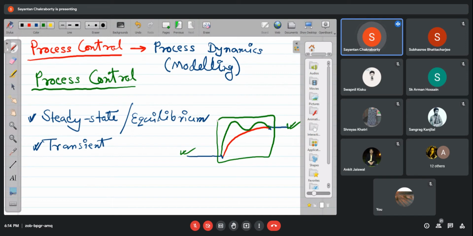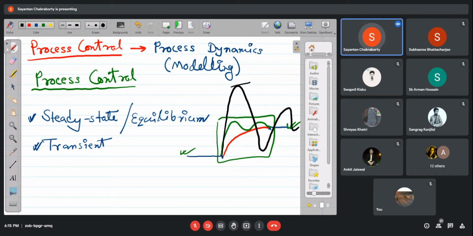Now, I have already mentioned that transients may occur during startup and shutdown, right? During the startup process and shutdown process, these transients may occur. And if it's uncontrolled or unaccounted for, you may have some adverse situations like this. So this overshoot of the process variable may be very detrimental. So you have to make sure of the transient during shutdown or startup, or due to unusual process disturbances, or due to a planned transition from one state to another state.